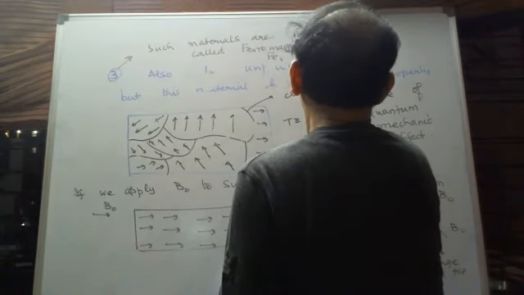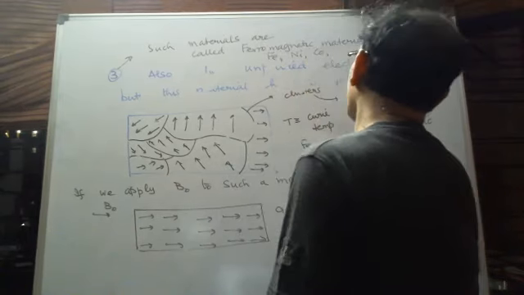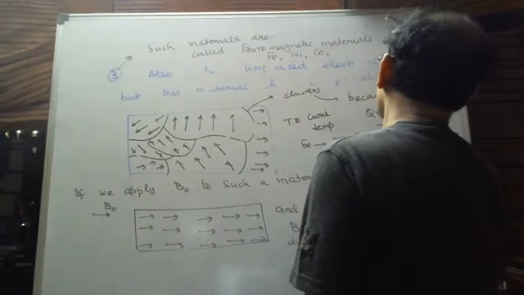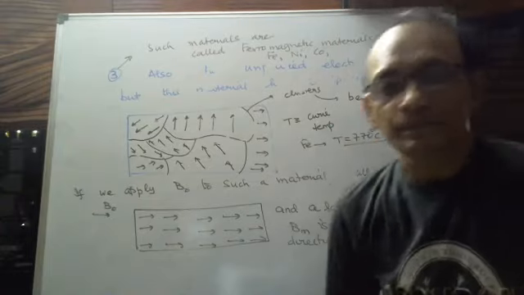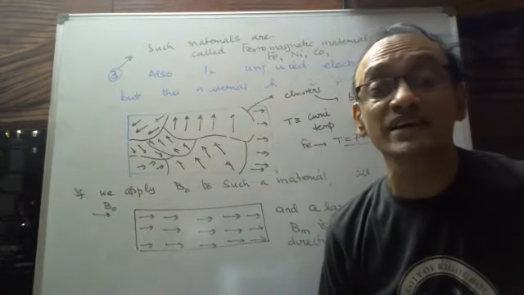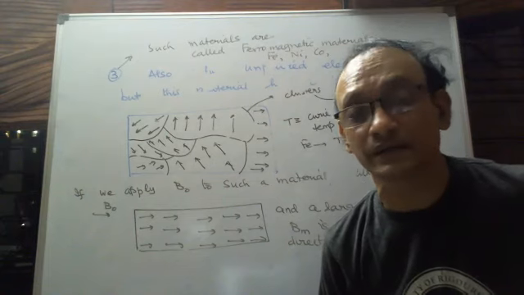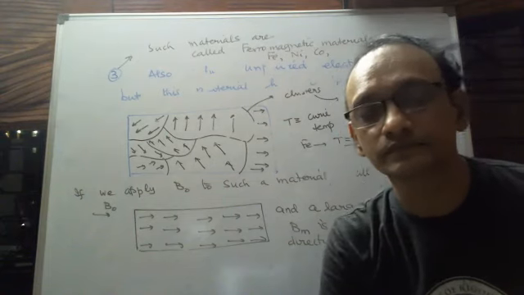I think for iron, the Curie temperature is 740 या 770 डिग्री सेंटीग्रेड ऐसा कुछ है. If you raise iron above 770 degree, it will no longer be ferromagnetic. It will become paramagnetic.